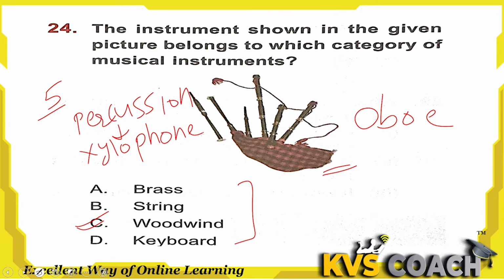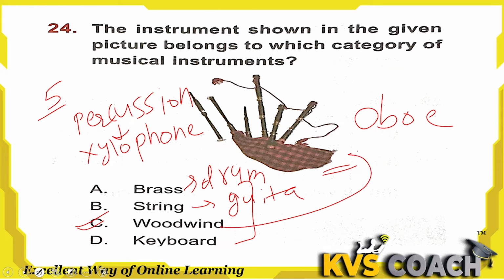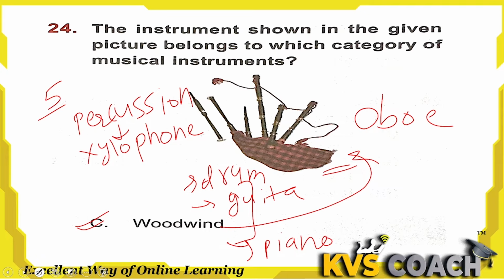Brass instrument is like a drum. String instrument is like a guitar, and woodwind is the right answer here. Keyboard is like a piano. So the right answer for our question is woodwind. Oboe is the right answer here.